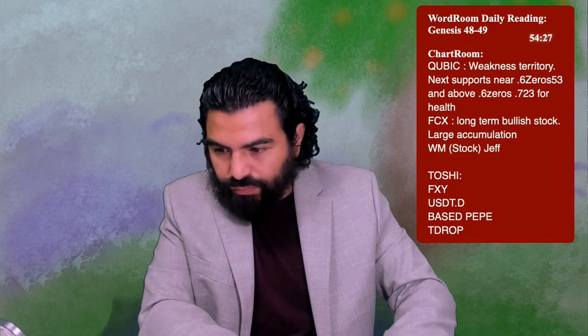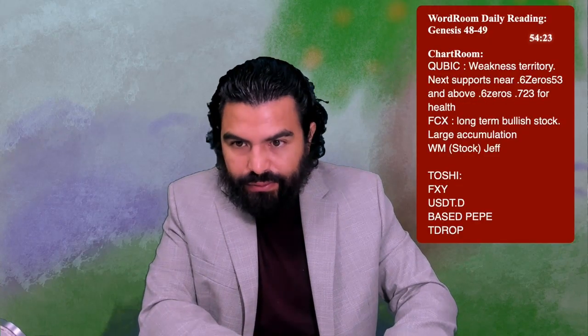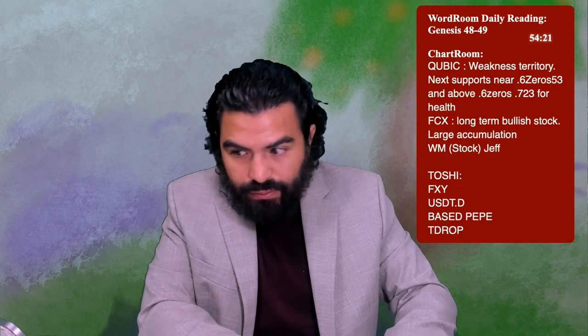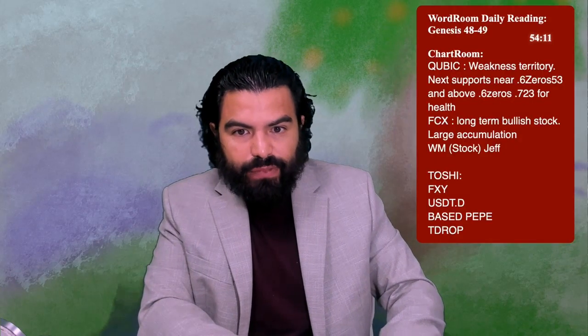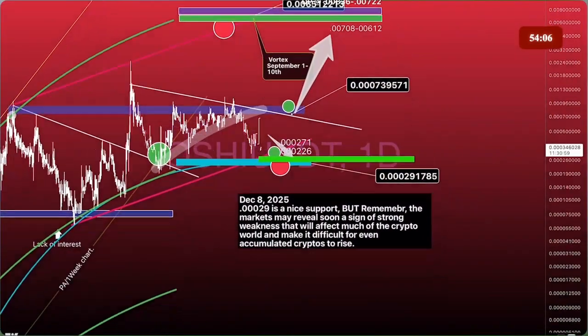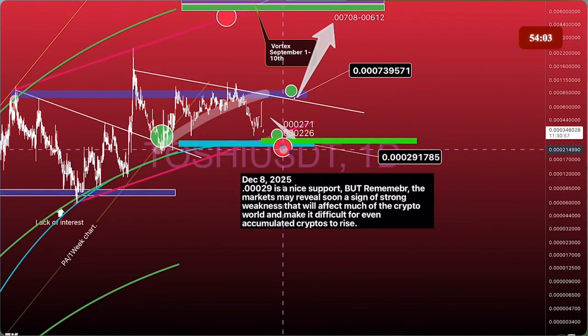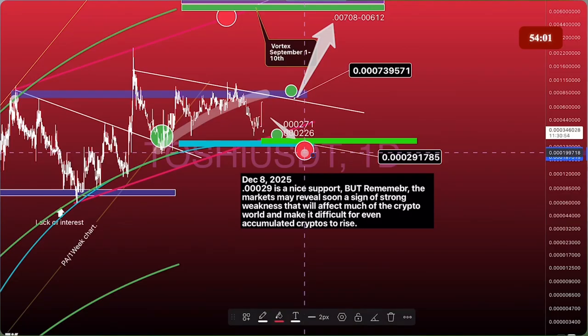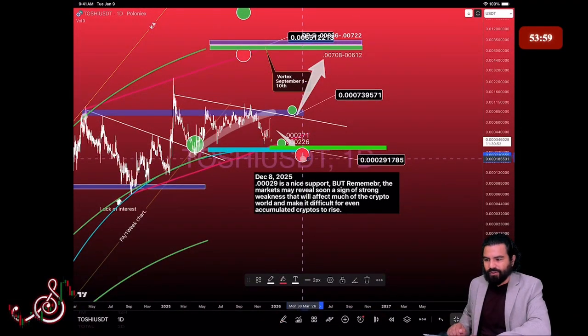And weakness under 0.00029 is to be taken with more seriousness. Okay, so I would take that weakness a little bit more serious. So just in short, if I'm here, that's a big no-no. Okay, big no-no. This is when things are getting wrong for Toshi.